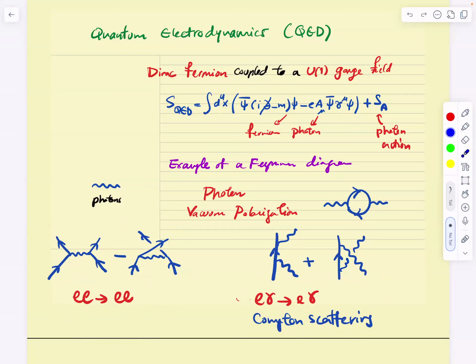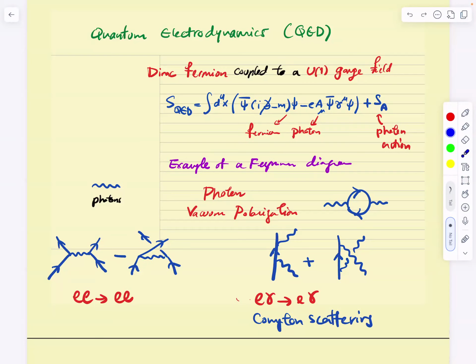At one loop, what are the diagrams we're dealing with? We talked about this last time. So what are all the one loop diagrams? The photon propagator at one loop will acquire a correction. This is called vacuum polarization. The fermion propagator will acquire a one loop correction.